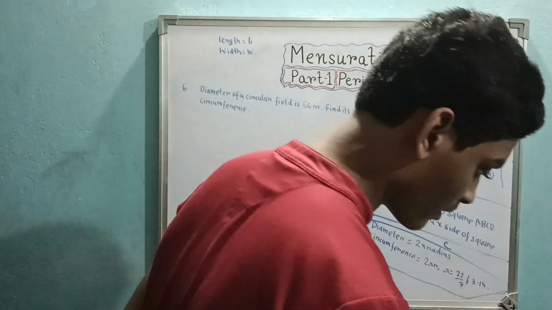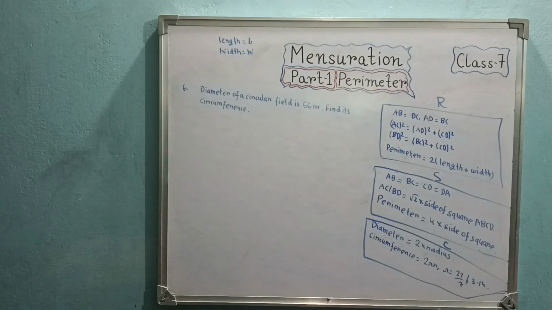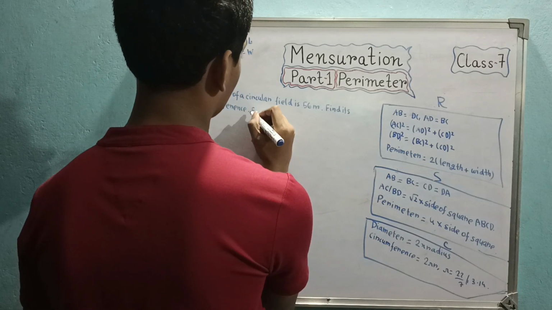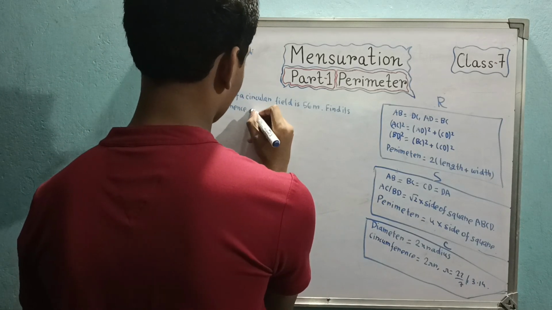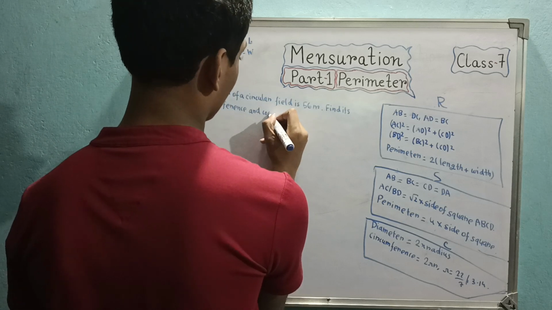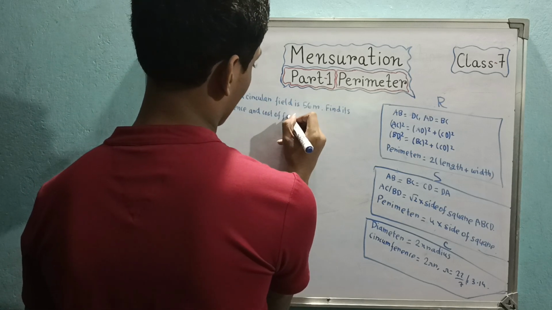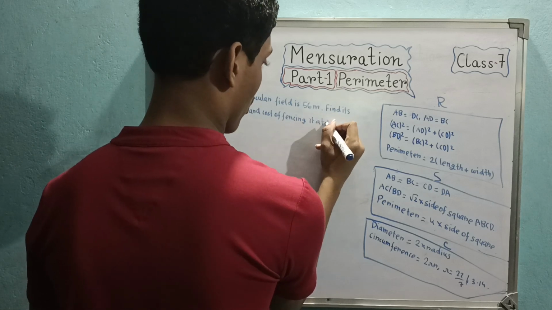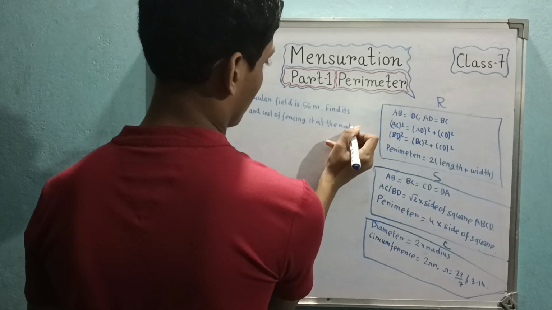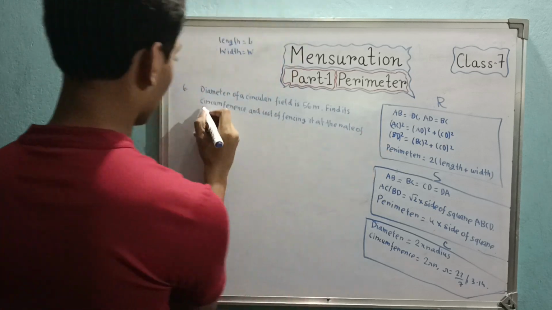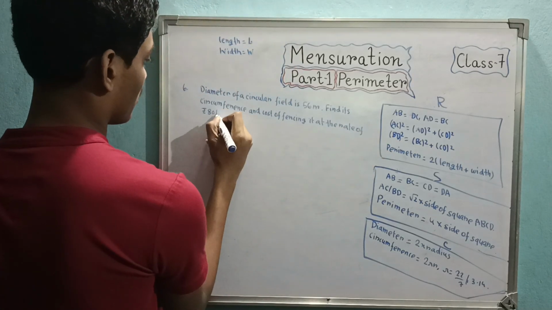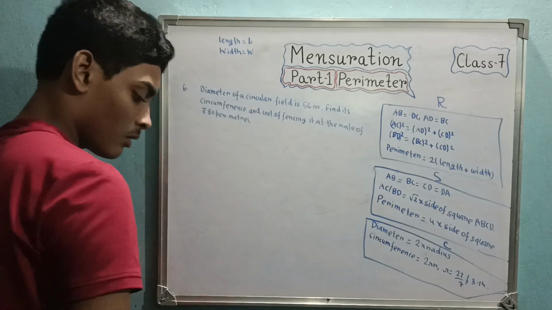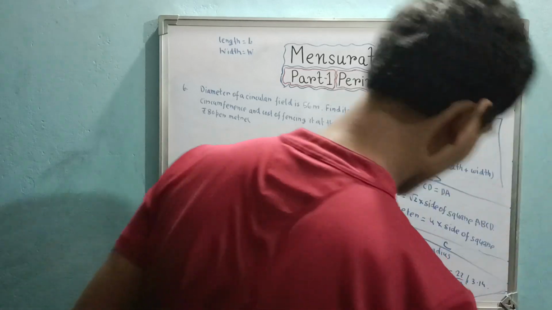And cost of fencing it at the rate of rupees 80 per meter. Mentioned in the question, take pi equal to 22 by 7.